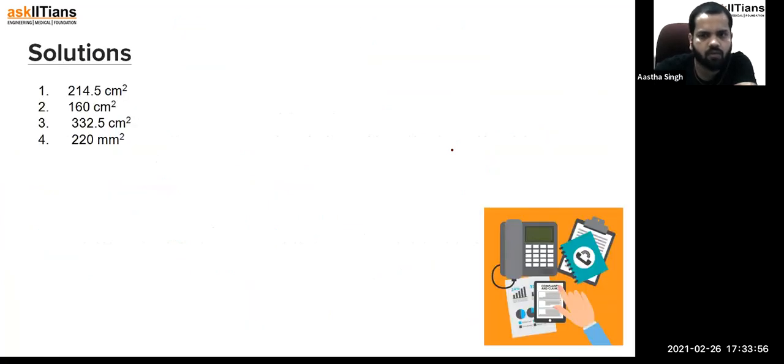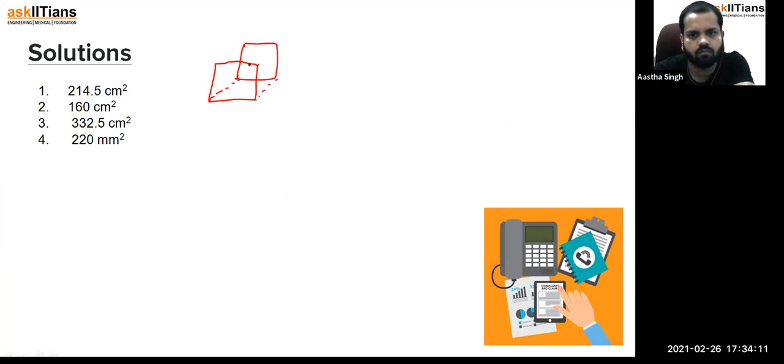The question is telling you two cubes were there. One cube is there, two cubes are there basically, right? So each has volume 64 centimeter cube. You know the volume of a cube is a cube; you have all studied this in your ninth standard.